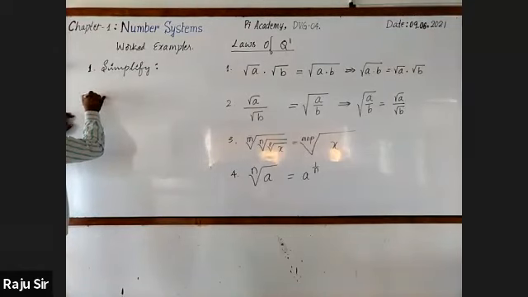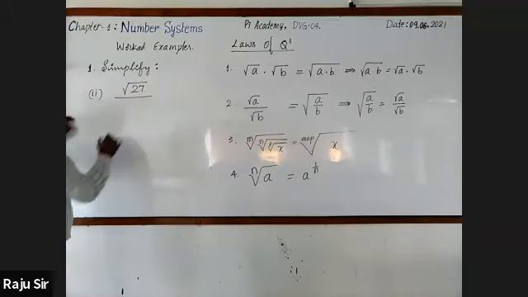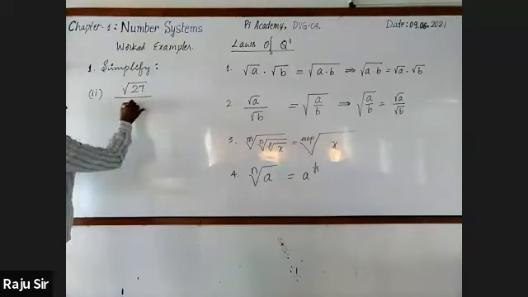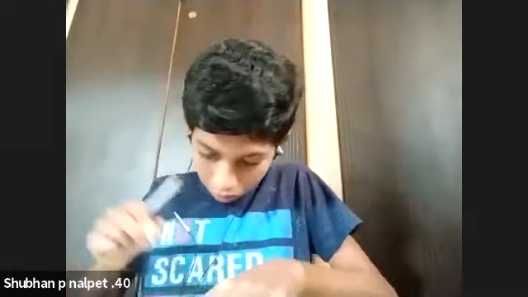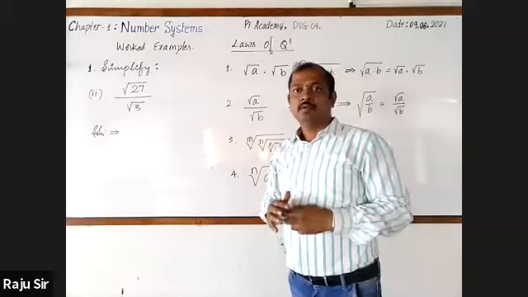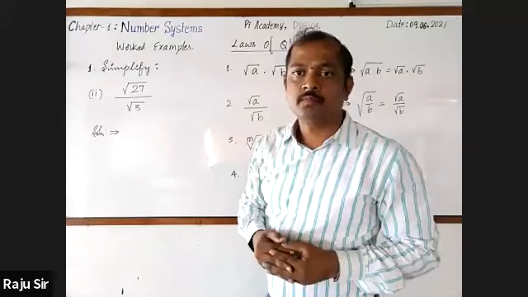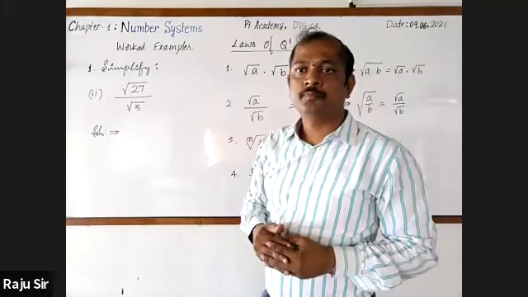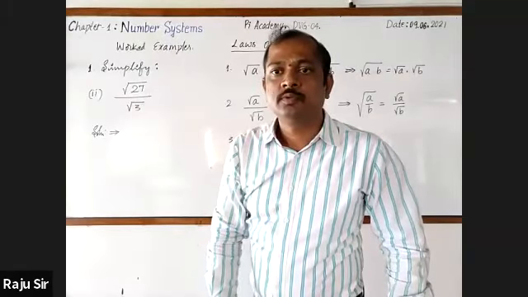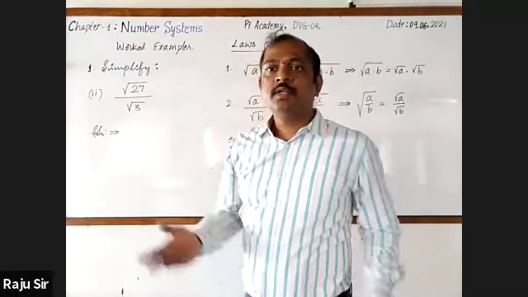Second one is also very simple: square root of 27 by square root of 3. Answer 3, sir. It's very simple.